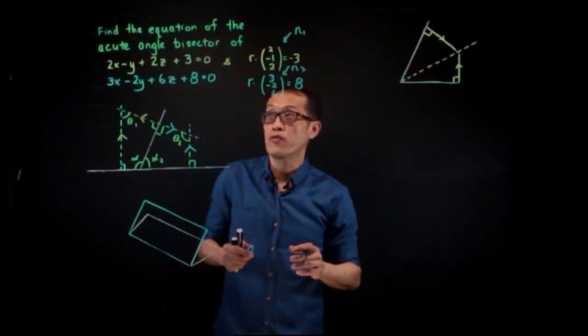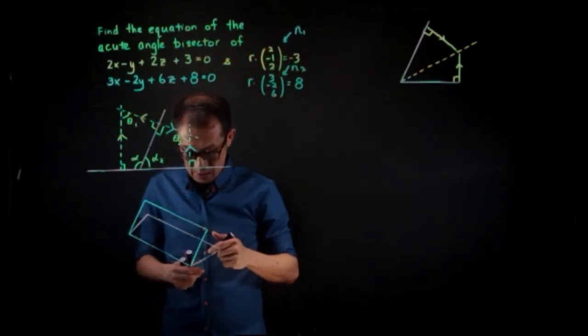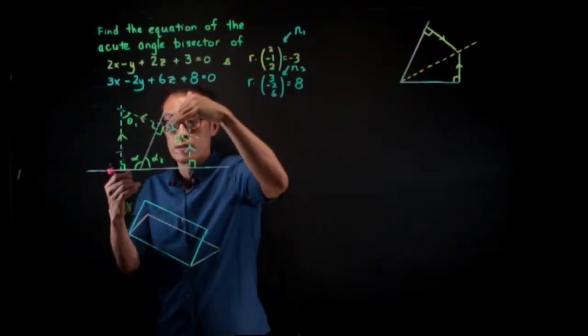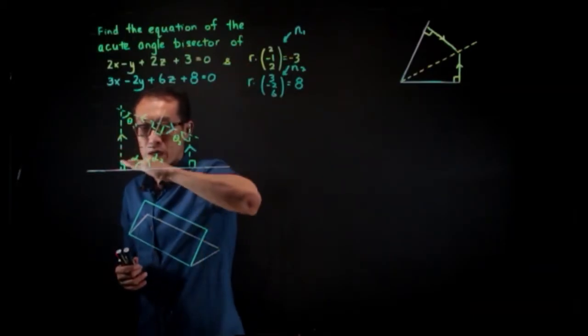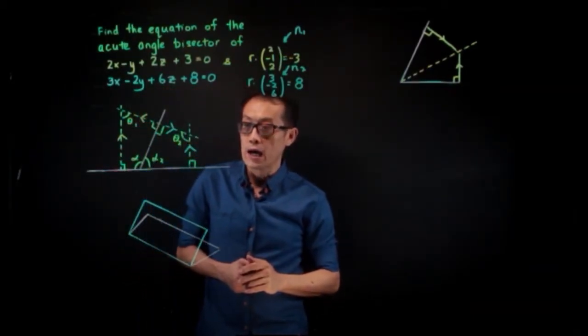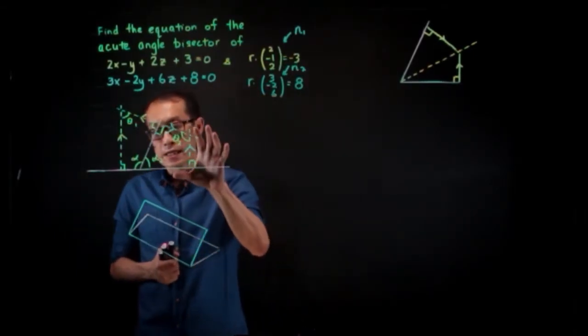Now, you are asked to find the acute angle bisector of these two planes. Let's say these are the two planes. If you look at it, one of the planes is cutting this way and the other plane is going this way. There are two angles when the planes intersect.